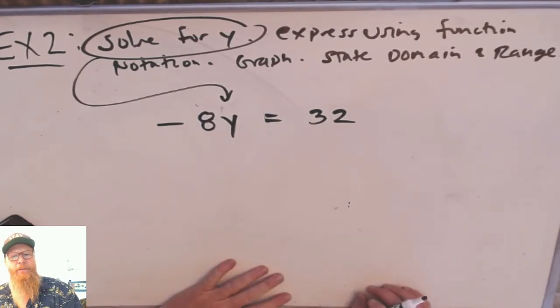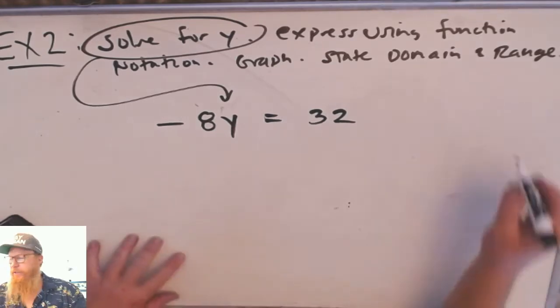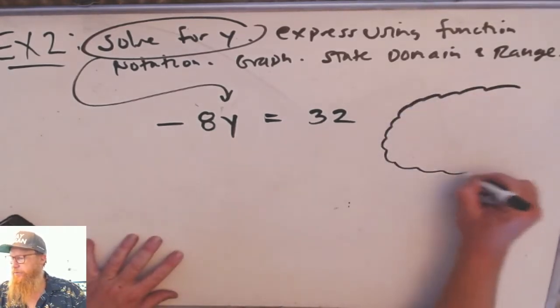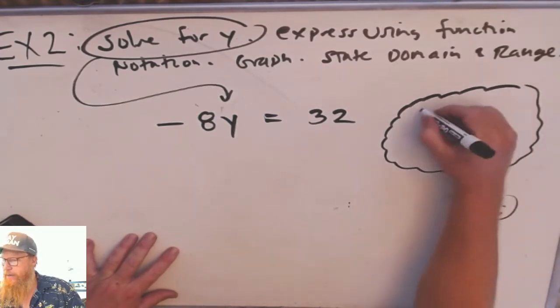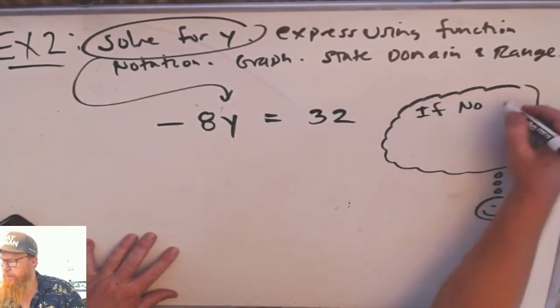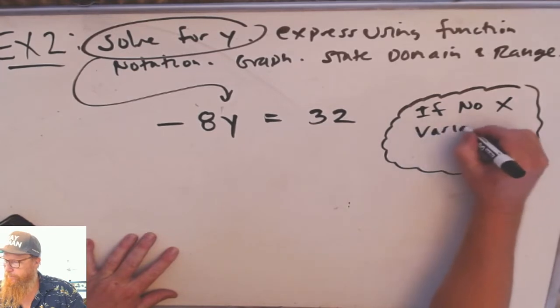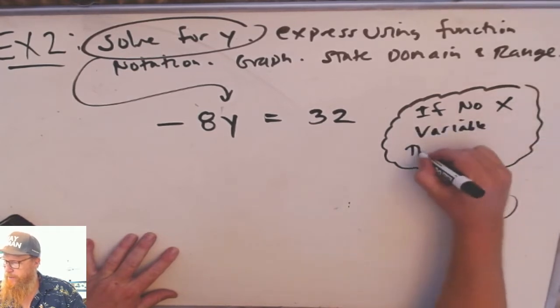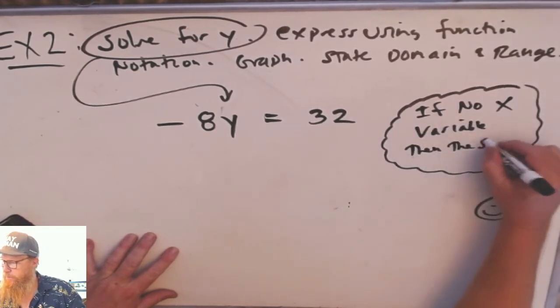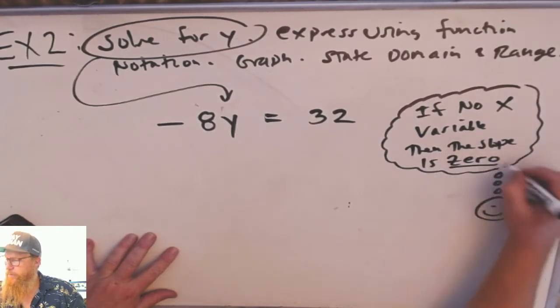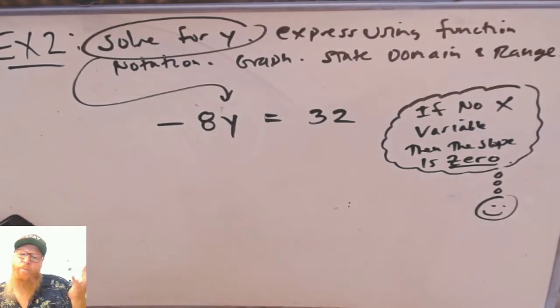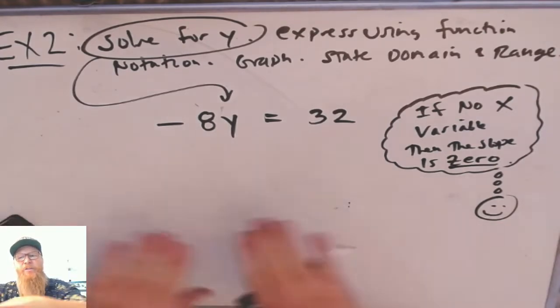All right. Let me just make a mental note. If there is no x variable, then the slope is 0. So the slope is automatically 0. In other words, the line is horizontal.